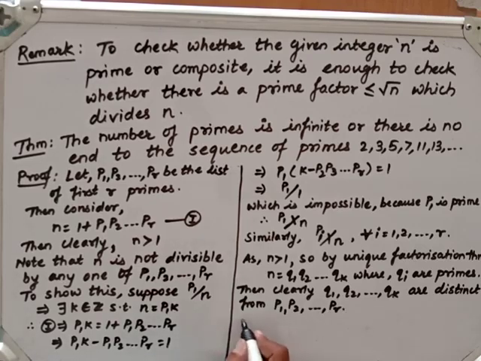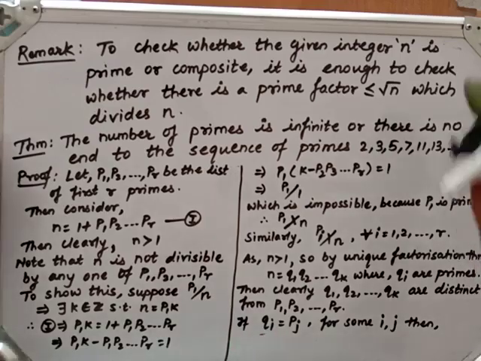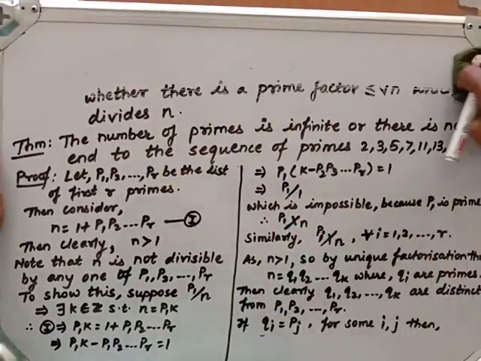Now, if possible, suppose any qi will be equal to any Pj for some i, j, then what happens?